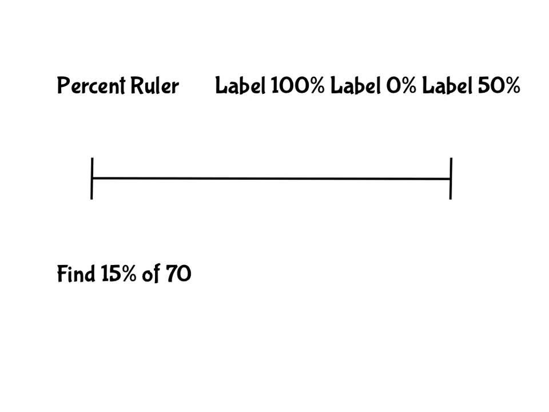All right, use a percent ruler or just the numbers if you don't want to put it on a ruler, and get 70%. So to get 50%, or half of 70, that's 35.